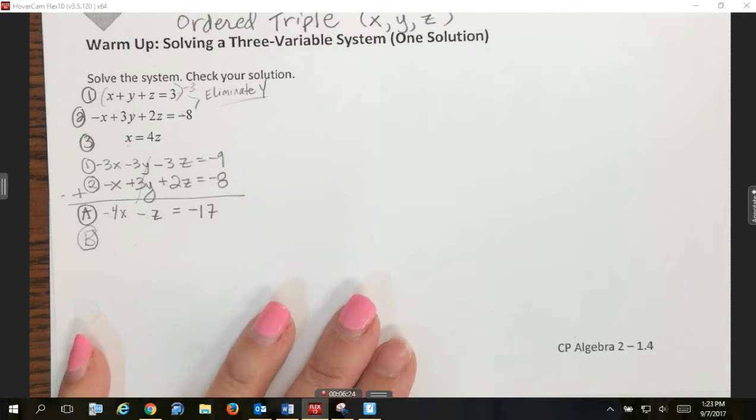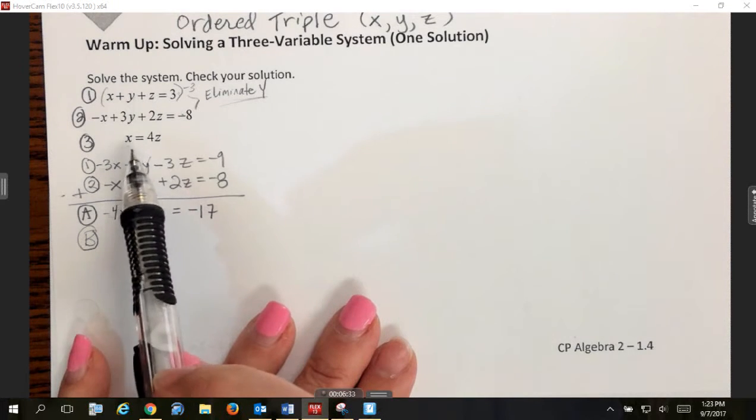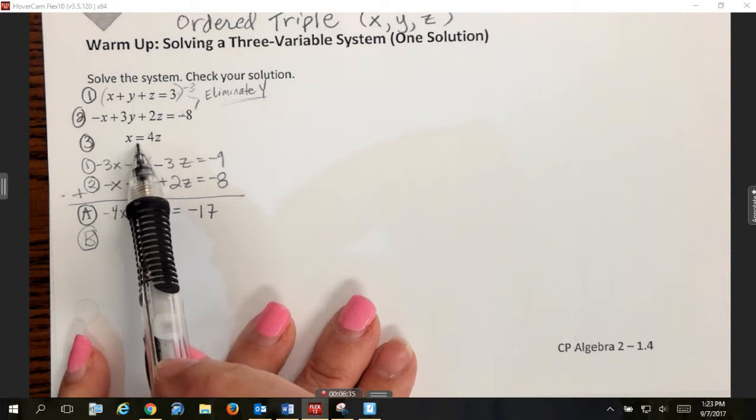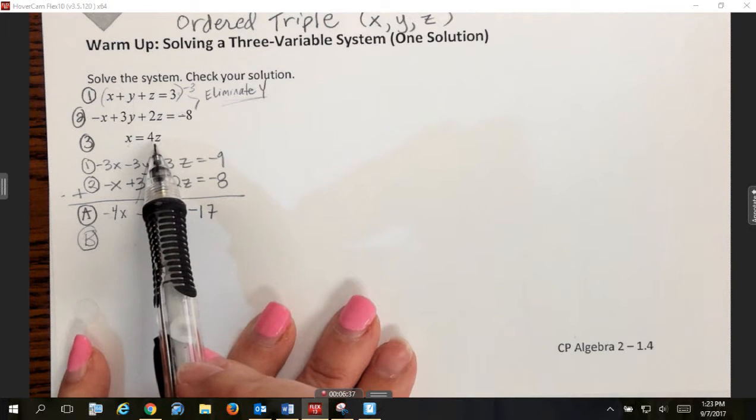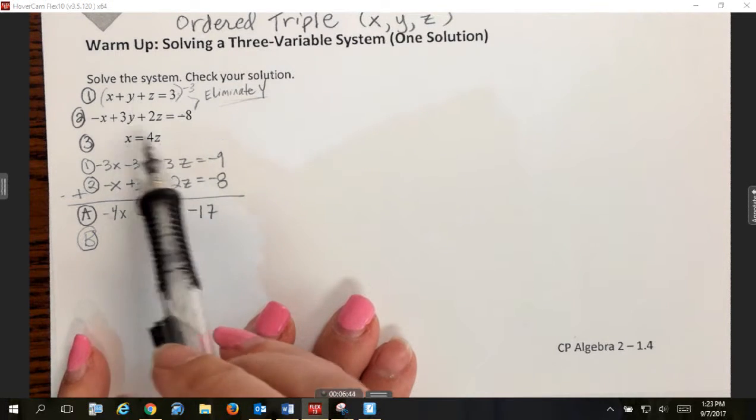Do you know what I'm saying? So equation A is negative 4x and then minus z. But equation 3 is an x and then an equal sign and the z. I need the z to be on the same side as the x. How am I going to get it over there? Subtract 4z from both sides, right?